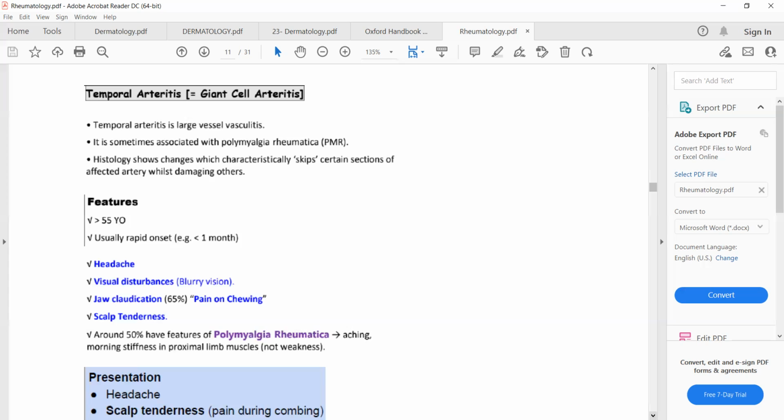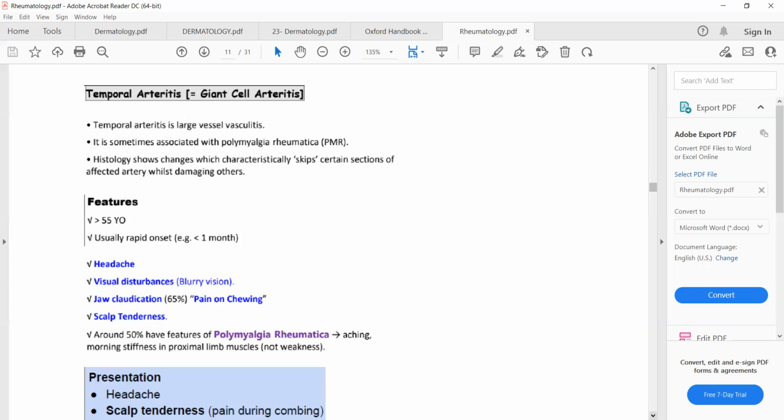And some of its branches supply blood to the jaw area. So there will be jaw claudication or pain on chewing. And because there is inflammation in the temporal artery, there will be scalp tenderness. So a patient will present to you with unilateral headache and visual disturbances.